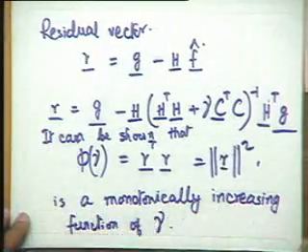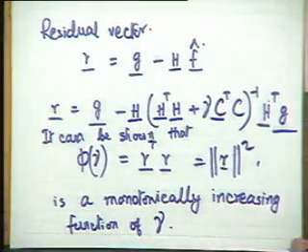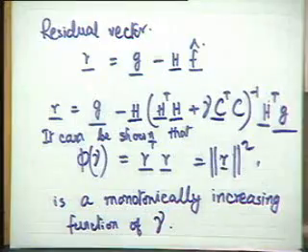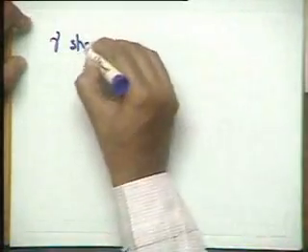So by having knowledge of this, it comes to our advantage. After computing the residual vector r, we definitely know in which direction gamma must be adjusted, because we know for certain that phi of gamma is a monotonically increasing function of gamma.